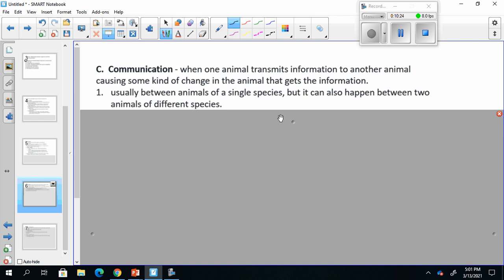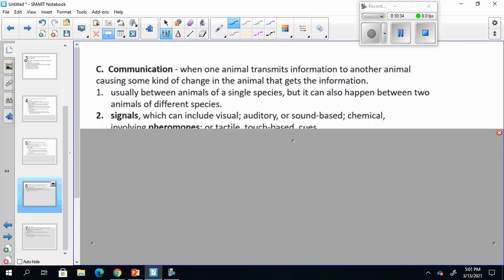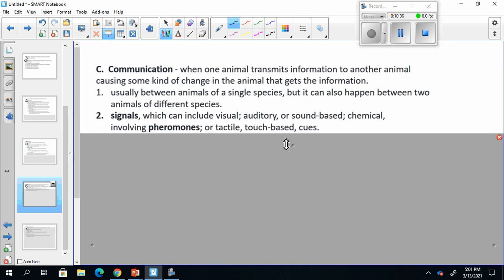It can be between organisms of the same species, like organisms in your same population, but it also could be to a different population, to a different species. Signals can be visual, auditory, chemical, or touch based. There are 4 different types.